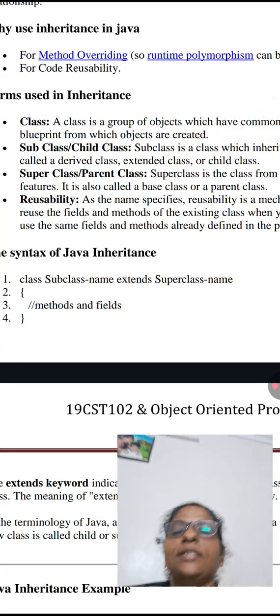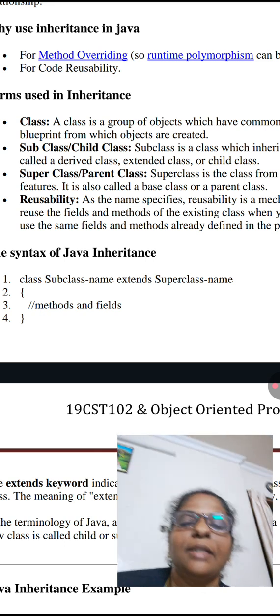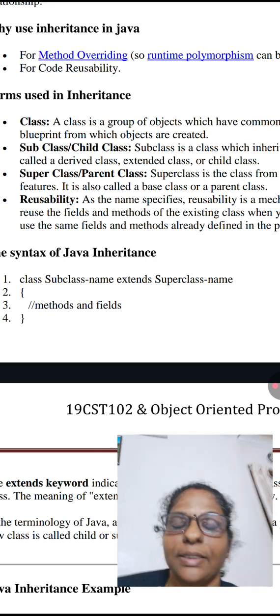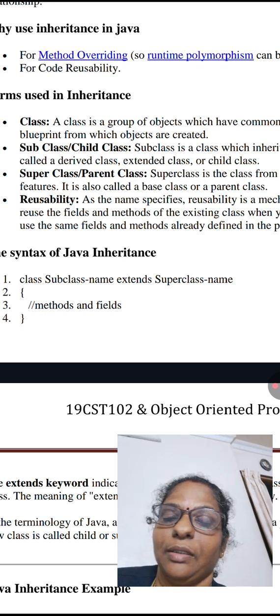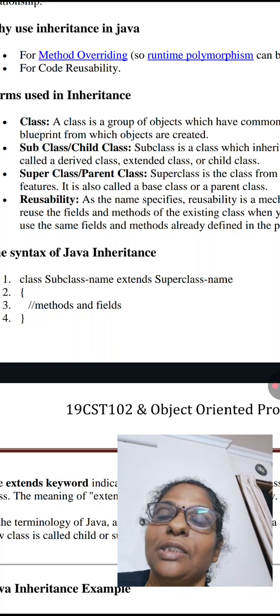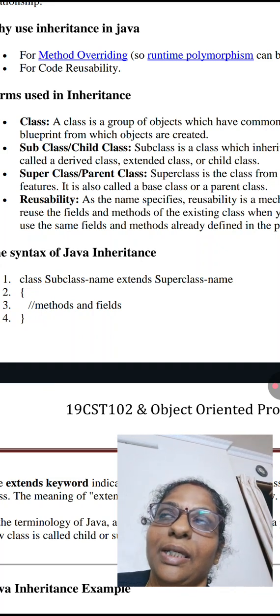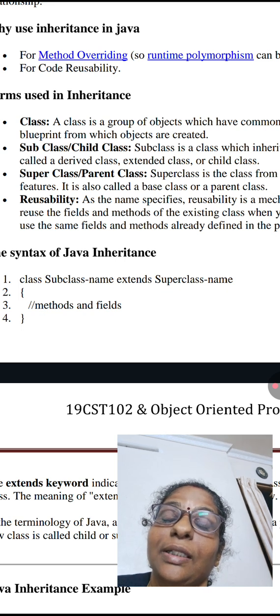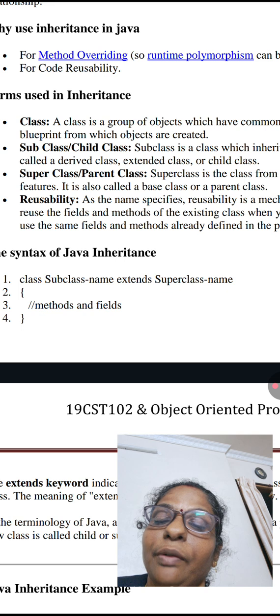So inheritance means we have a base class and a derived class. All the properties or behaviors are inherited from one base class, called the superclass or parent class, and the other is the subclass, which uses the keyword extends. You can inherit the behavior of a base class.